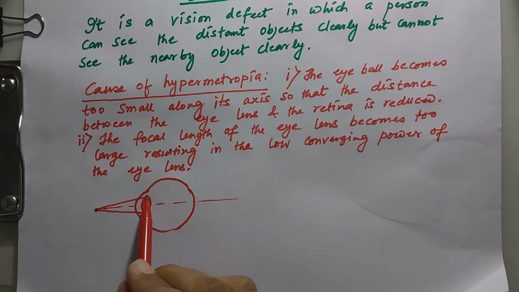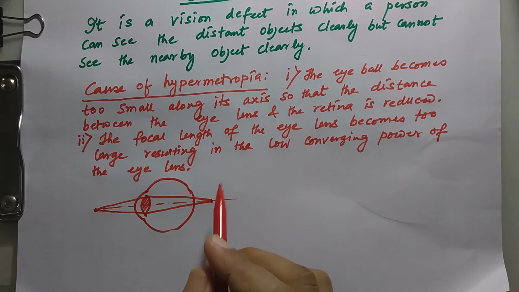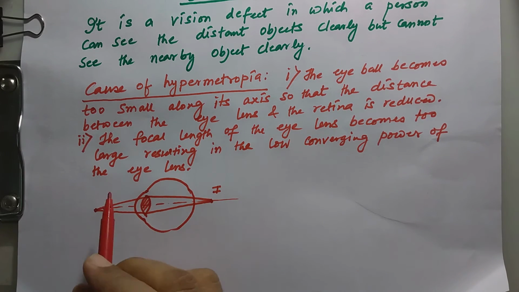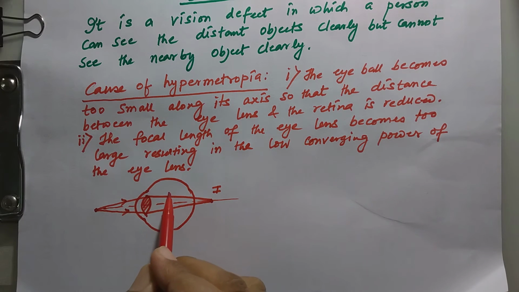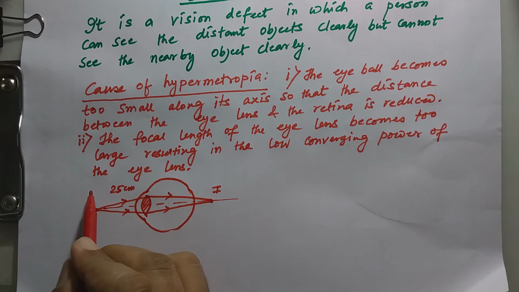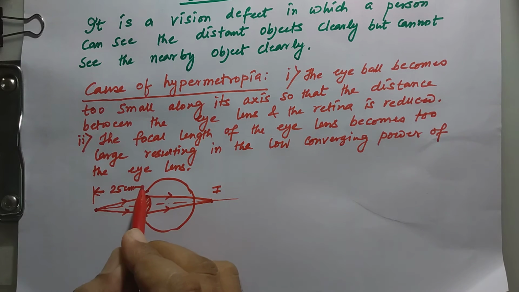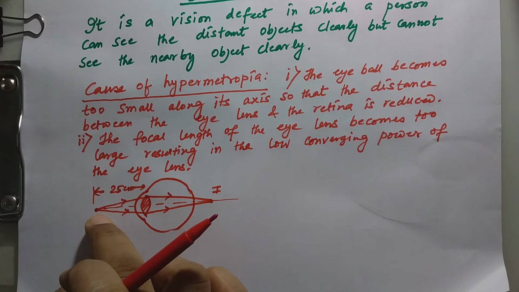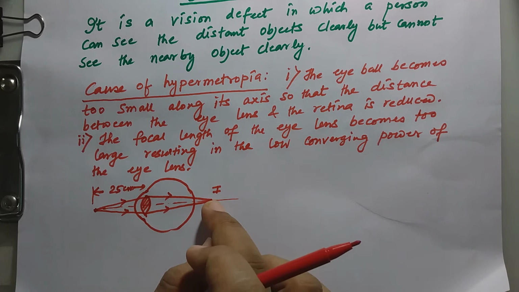So in this case, the rays will meet at this point. This is the eye. In case of near point, 25 centimeter, the object which is near will form the image here, so we will not be able to see clearly.